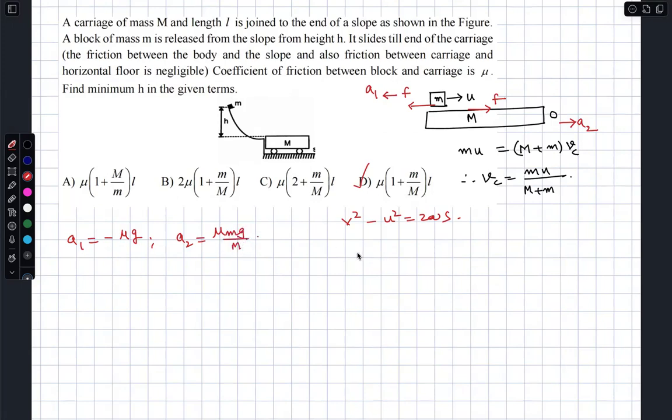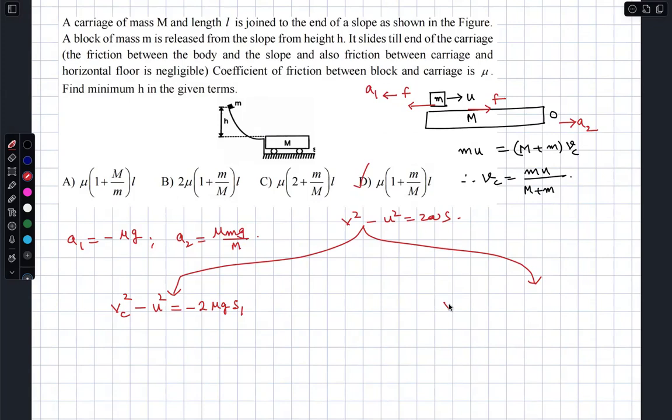Capital M. You take V square minus U square is equal to 2AS separately for the block. Final velocity VC square minus U square is minus 2 mu G S1.